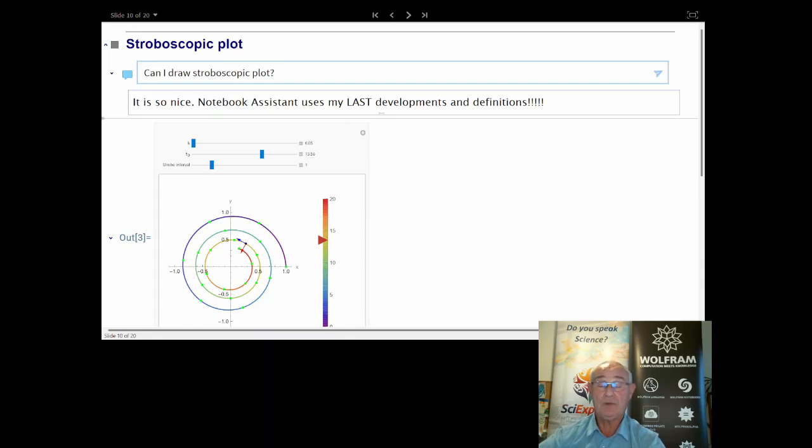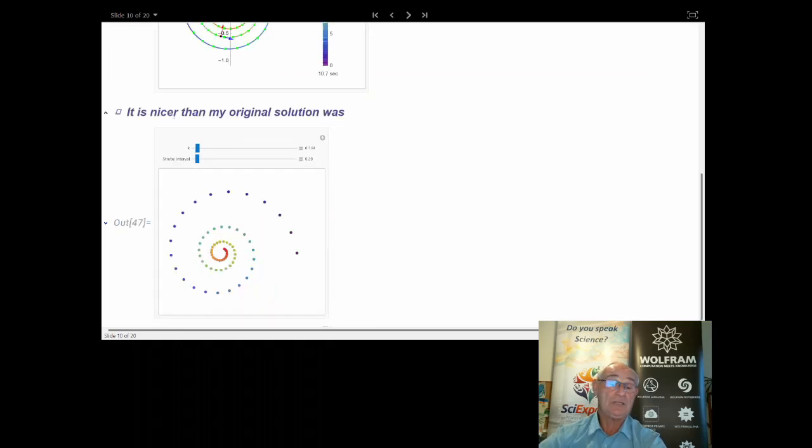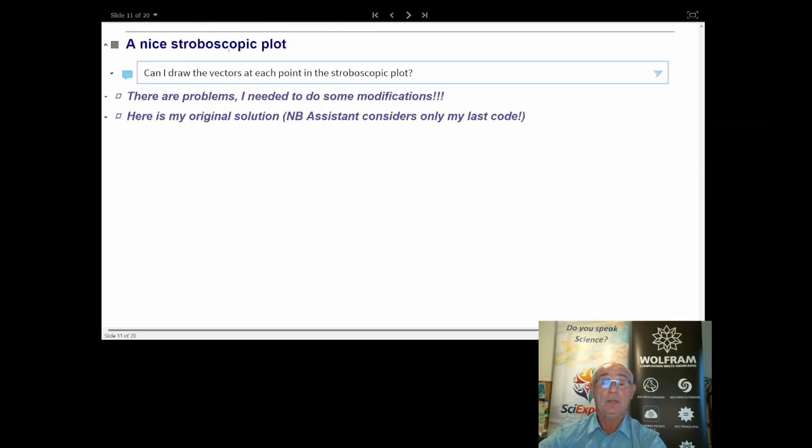No problem with the solution I got, but I included my additional developments, so the vectors are plotted and the strobes, the stroboscopic intervals, are also plotted here. So I really like this answer. Actually, it's much nicer than my original figure was, because here I just plotted the points without the vectors.